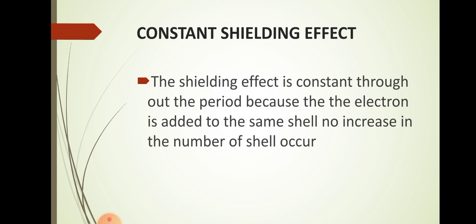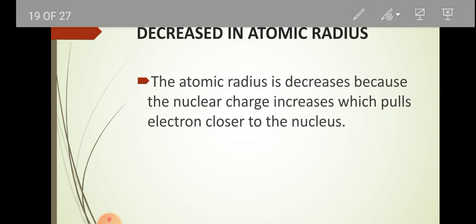So that's why the ionization potential increases, and we need more ionization energy to remove the valence electron from the outermost shell. So when we move from left to right in a period, the shielding effect is constant, with no increase in the number of shells, and the electrons are added in the same shell. That's why the ionization energy increases.